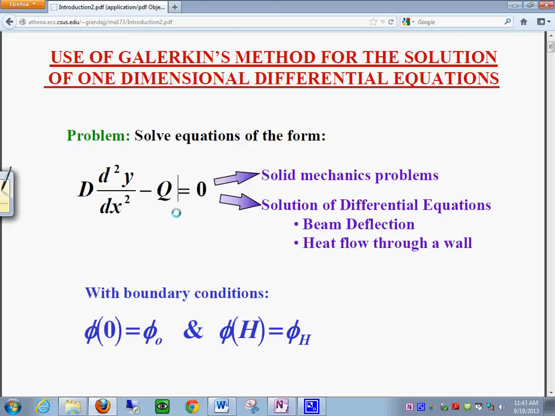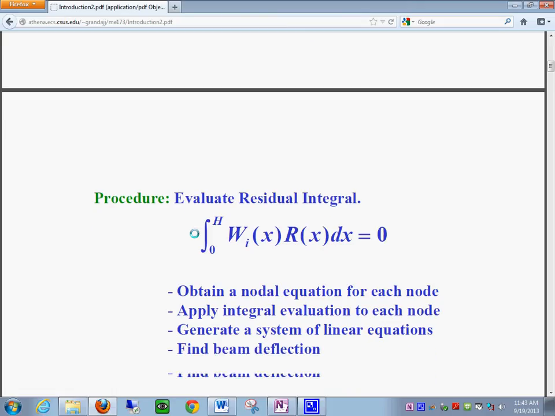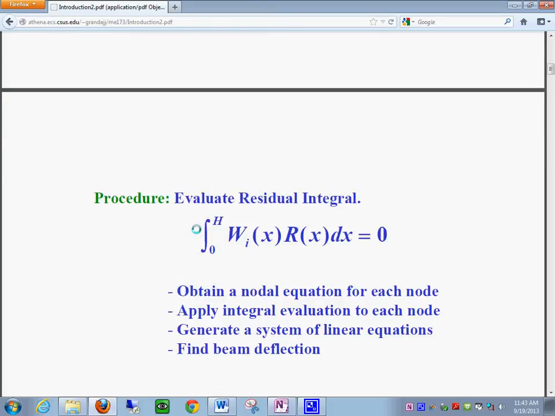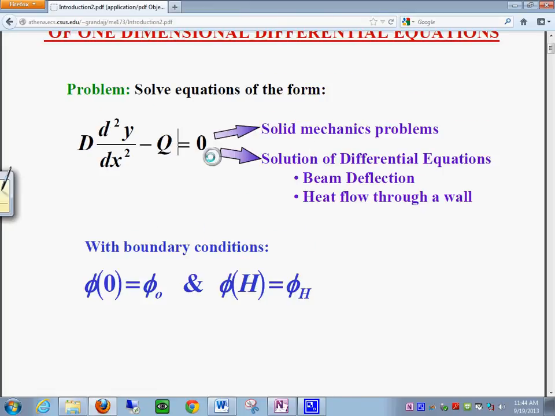So what we need to do is to establish a concept of what we call the weighted residual integral. In other words, we are going to assume a solution for this equation in the form of a function.